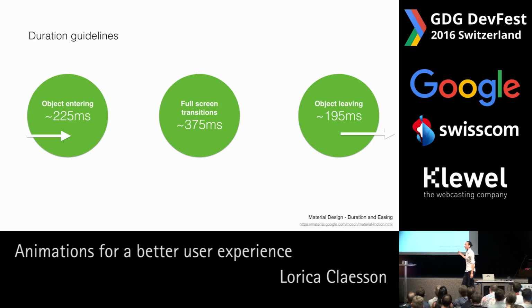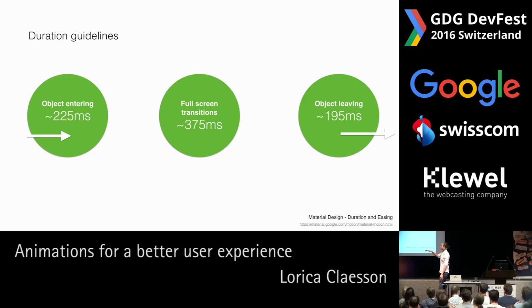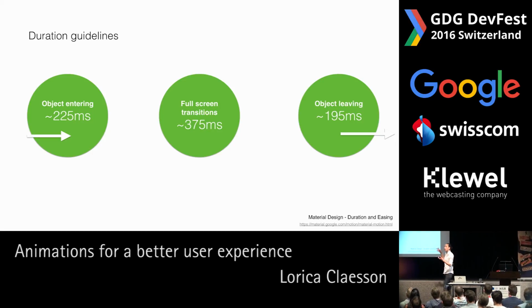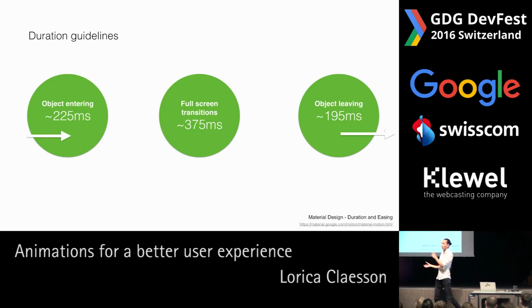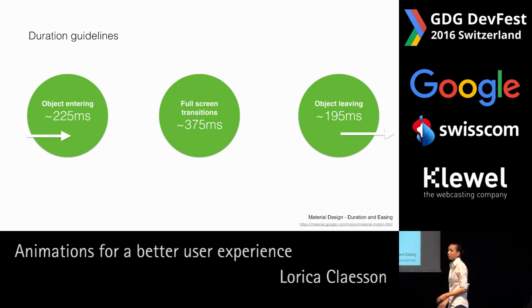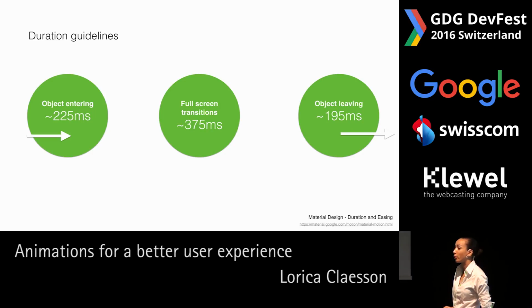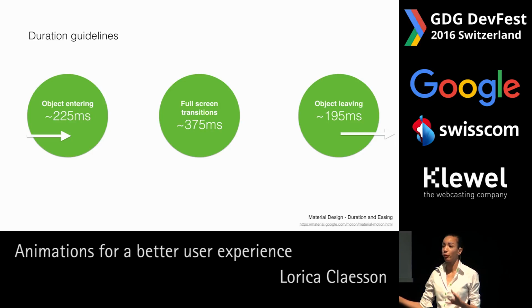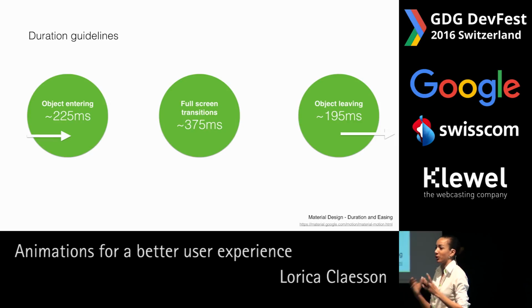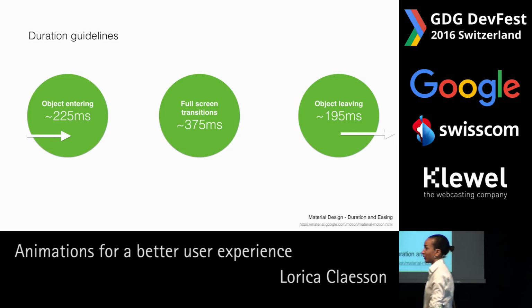So you can read about these durations and guidelines for moving things around on the screen at material.google.com/motion. So the design spec for material has these, and that's where I got them from. And even though this was not specifically for material design and Android, I think users react the same way to delays and everything, so you can still use the guidelines in other places as well.